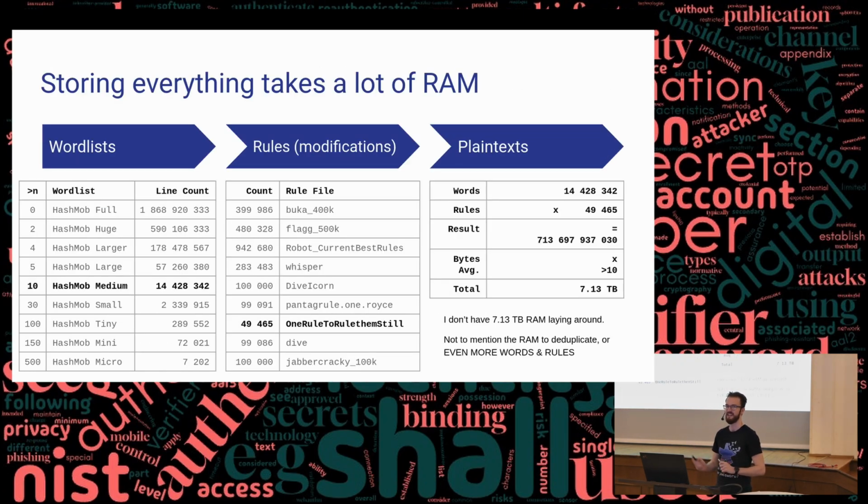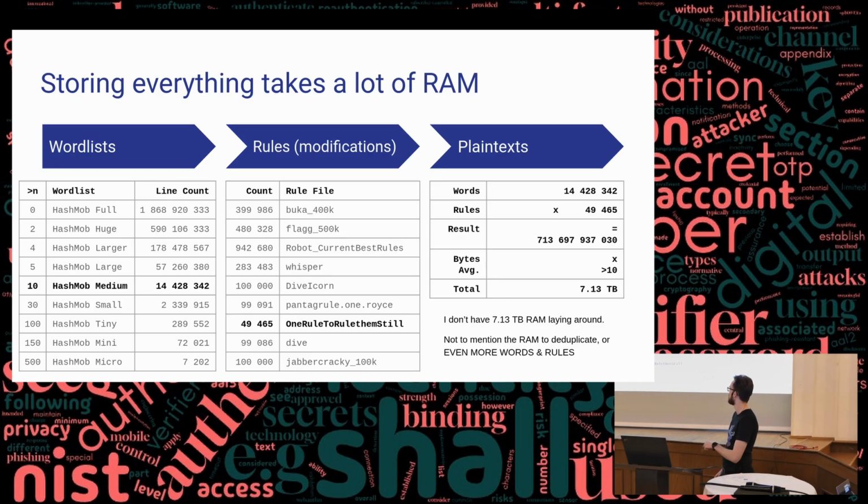So, challenge: there's a lot of data. When it comes to passwords and password rules, we're working with quite a bit of data, and trying to store that all raw in RAM doesn't work. So I took some of the best high-performing rules, some of the HashMob dictionaries. If you wanted, you could take the HashMob medium, one rule to rule them still, which is the smallest one, and at 10 bytes average, it would take 7 terabytes of RAM.